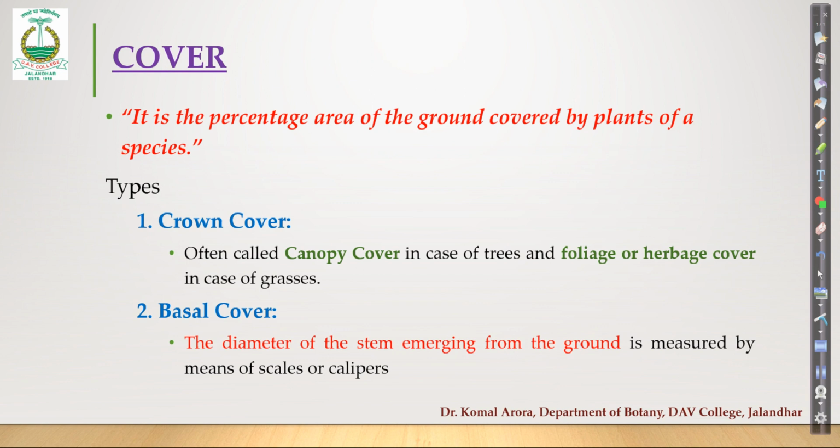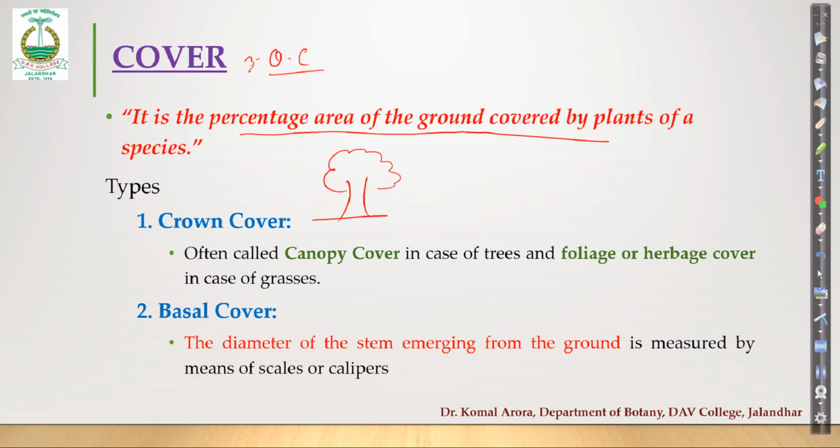Now this is the third quantitative character, cover. What is cover? It is the percentage area of the ground covered by plants. For example, you have a tree, right?